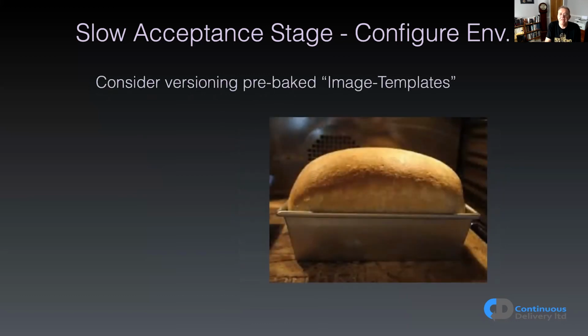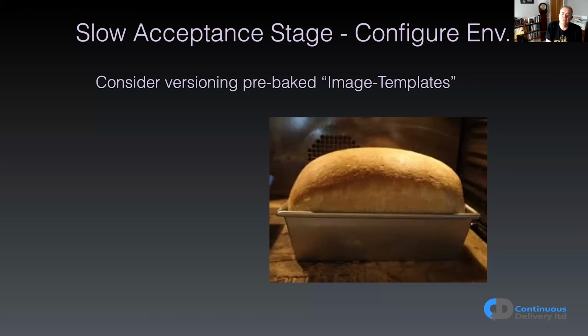Consider where you do have expensive parts of the production process for building releasable things. Consider generating pre-baked templates, so you have a pool of things available. So going back to my example of the operating system, if you've got a particular operating system configured in a particular way, then maybe you just generate, in the background somewhere else outside of the scope of the pipeline, a continual process that's just building those things.